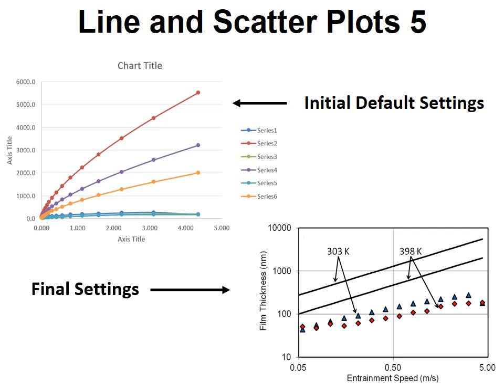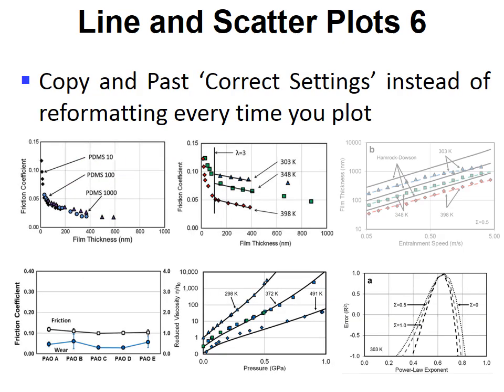The much improved figure on the lower right shows the linear relationship between film thickness and entrainment speed. It properly uses lines for theoretical data and distinct points for experimental data. Most non-data inks, such as the grid lines, legends, and titles, have been removed as well.